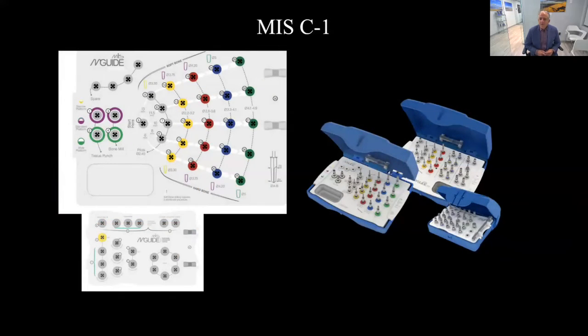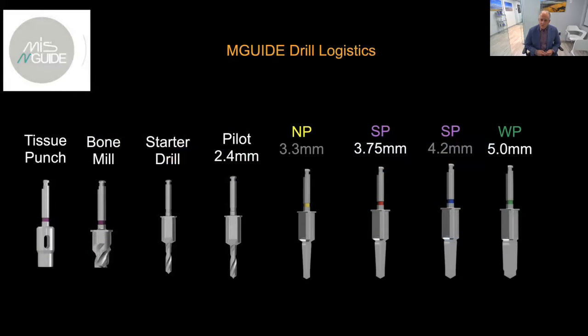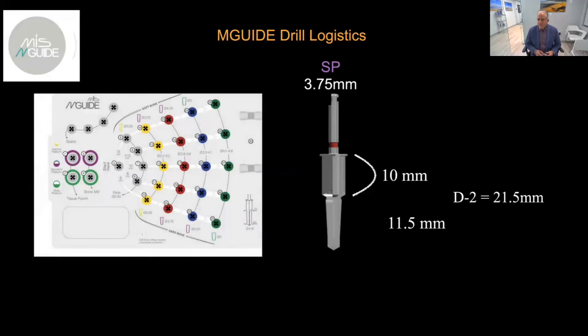MIS is kind of a neat system because it allows you to swap and change drill or osteotomy depth, and you can place a different length of an implant within the surgical field itself. And that's because every sleeve part of that drill is 10 millimeters long, and then the cutting part will accommodate the drill.